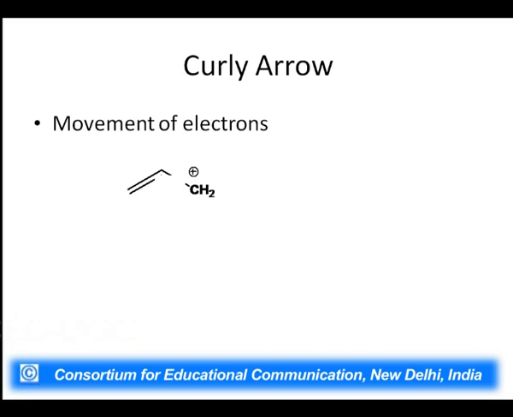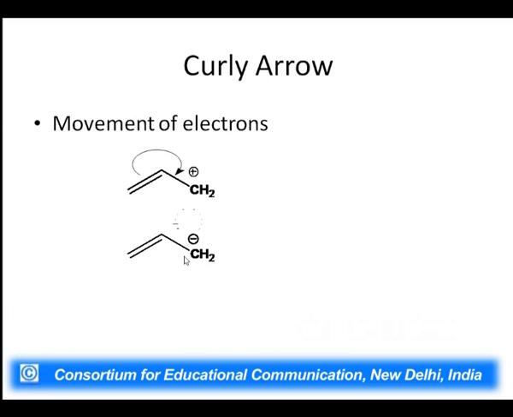When you make an arrow, like we did in conjugation earlier, an allyl carbocation having a double bond here and a plus charge here, we made the resonating structure of the same. We move the electrons from this electron rich state to an electron deficient position. So we are moving the electrons from where the electron density is high to where it is lesser.